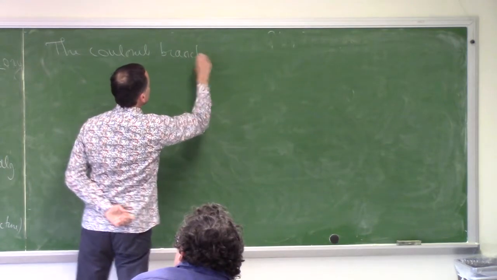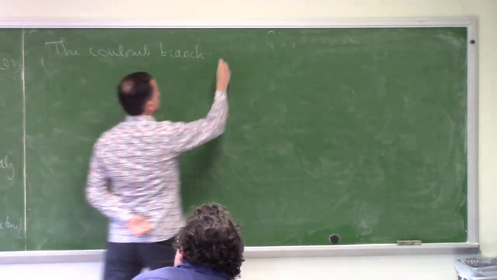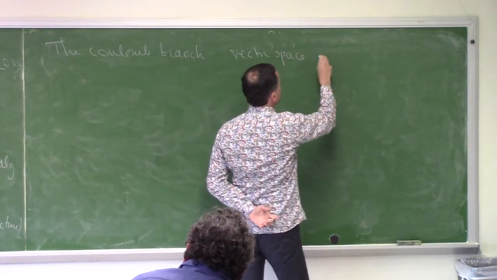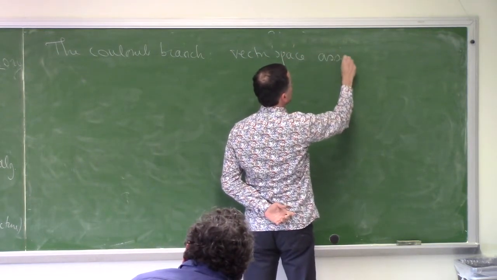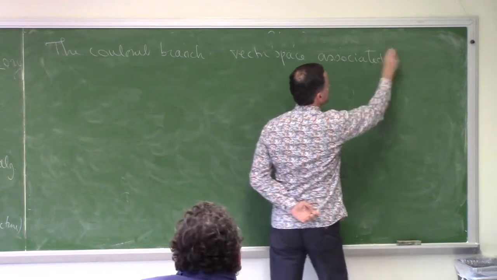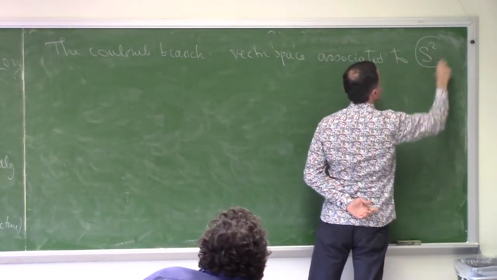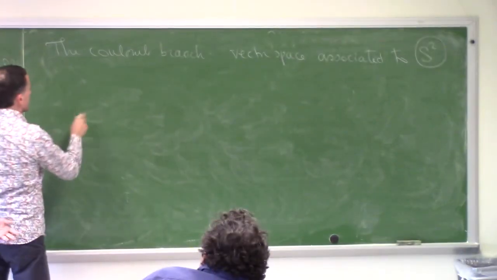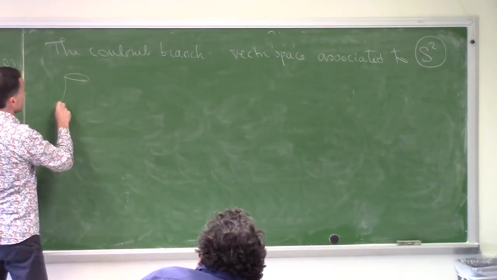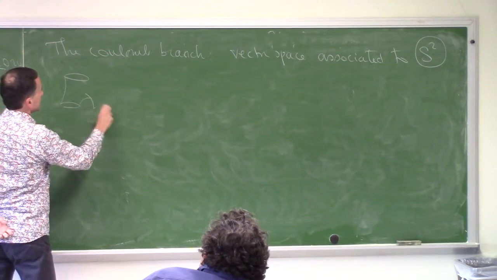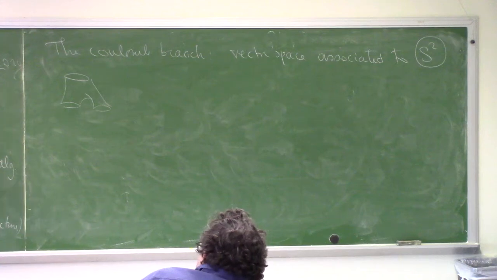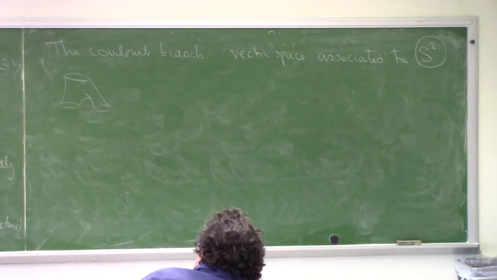So the Coulomb branch is intended to be the vector space associated with a sphere. And it's not just a vector space as structure because you have the analog of a pair of pants multiplication. I'm not going to try to draw a 3D pair of pants. Imagine that's a two-sphere. Well, okay, there are two spheres sitting in a larger two-sphere, and the space in between is solid.